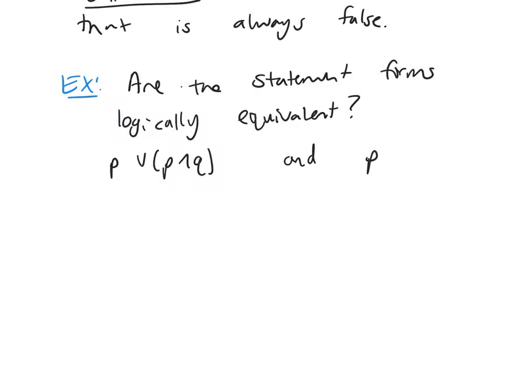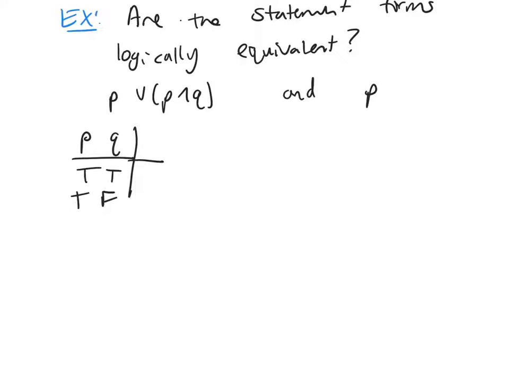So again, here I have two variables, P and Q. So my truth table will only have 4 rows in it. And now let's build up our first statement form. First column I'm going to make is P and Q. True, false, false, false.